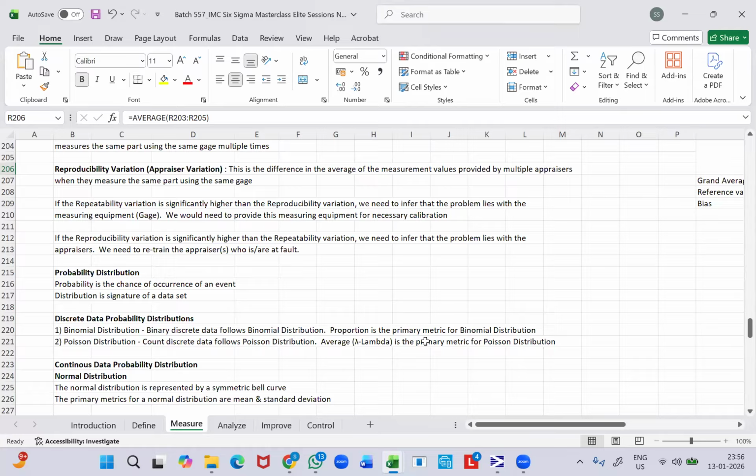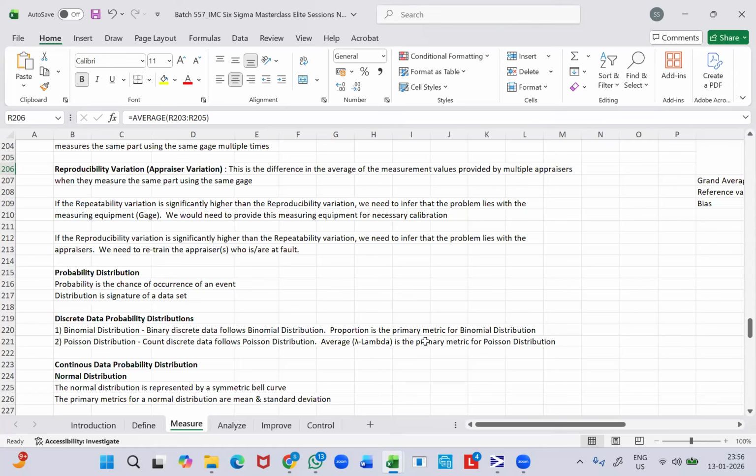And what is the primary metric for representing count discrete data? It is average denoted by lambda, the primary metric for Poisson distribution. So you'll be looking at exercises under binomial distribution as well as Poisson distribution under discrete data probability distributions.